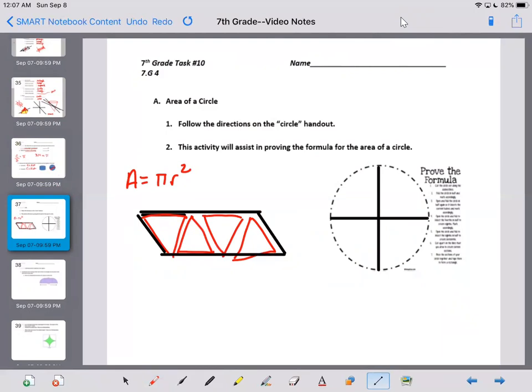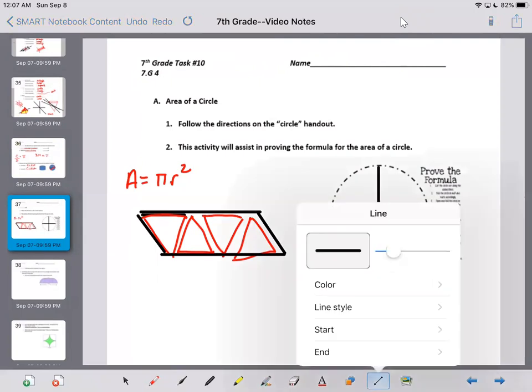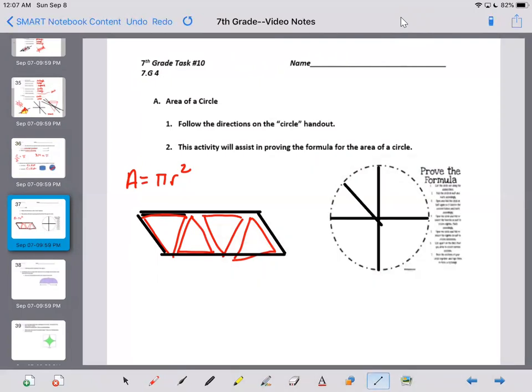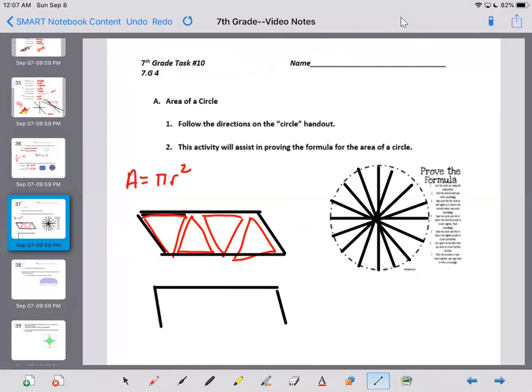And so the more pieces that you can cut the circle into, you will notice from the video, the more and more it gets closer and closer to a parallelogram, closer and closer to a rectangle where we know the height.